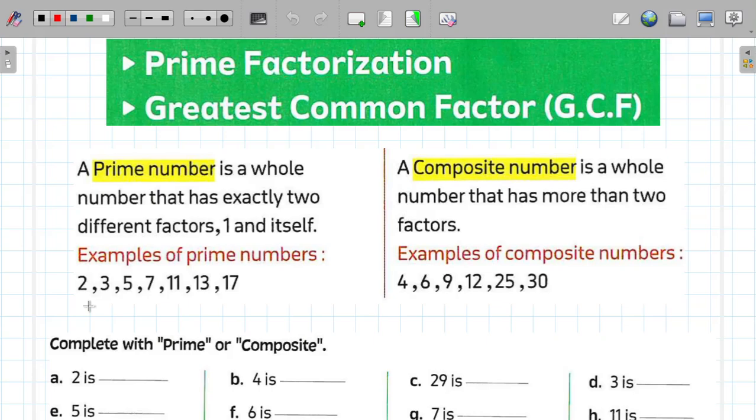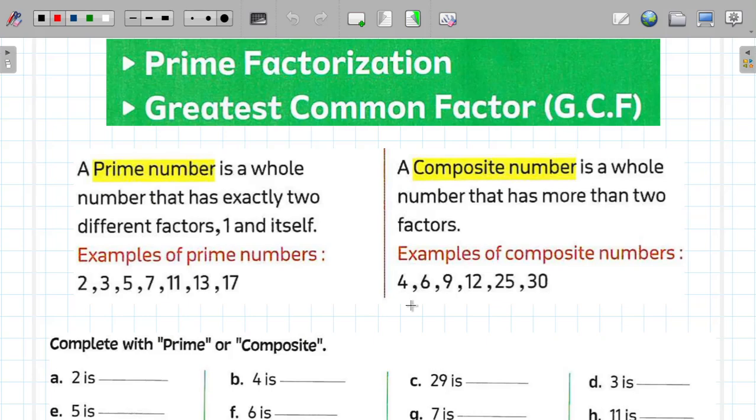All of these numbers have exactly two different factors, 1 and the number itself. But the composite number is a whole number that has more than two factors, like 4 has 3 factors, 1, 2, and 4. 6 has 4 factors, 1, 2, 3, and 6. But what are the factors? The factors are the times tables which the number 6 is inside. So 6 is inside the times table of 1 and 2 and 3 and 6.